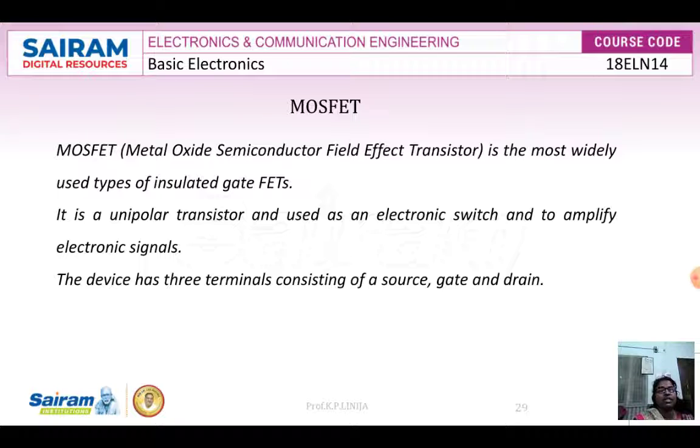This device has three terminals: source, gate and drain. Why is it called metal oxide semiconductor? The metal is for the drain, source and gate connections. Oxide is for the silicon dioxide, which we use as the insulating layer.